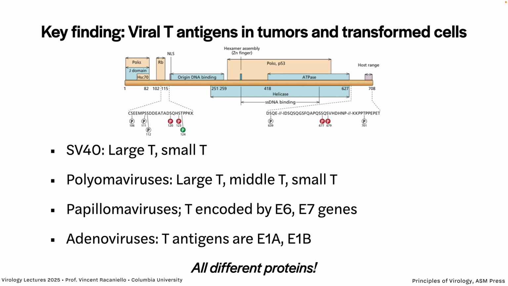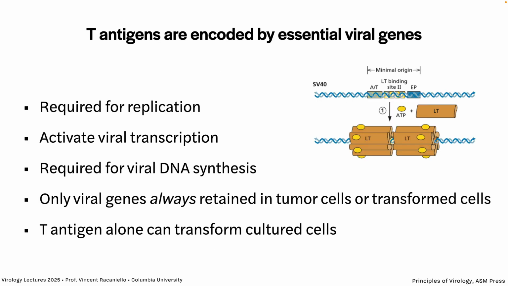Papillomas, they're T antigens encoded by E6 and E7 genes. And adenoviruses, the T antigens are the E1A and E1B proteins. T means tumor, because these proteins are found in all tumors and in all transformed cells. But these T antigens are all different proteins, by the way.